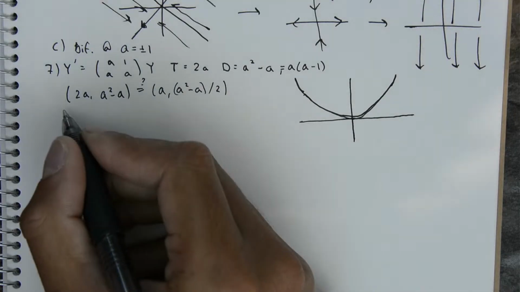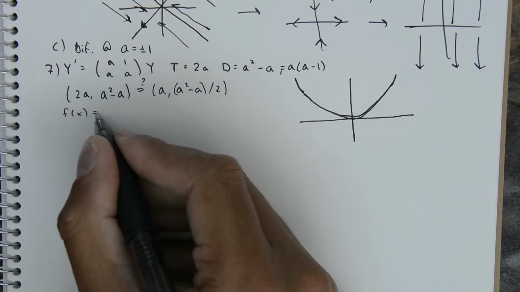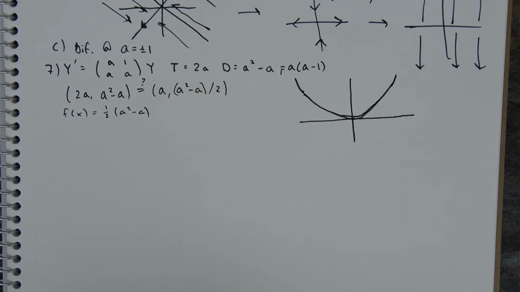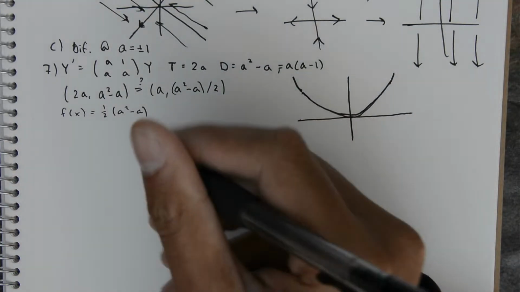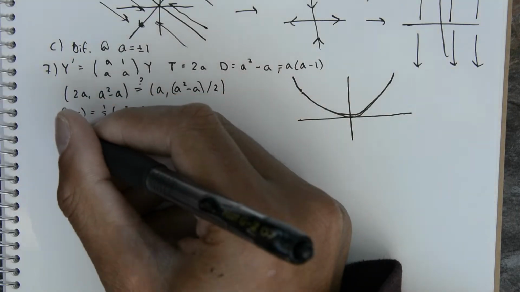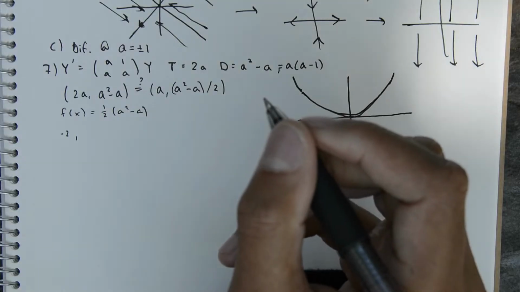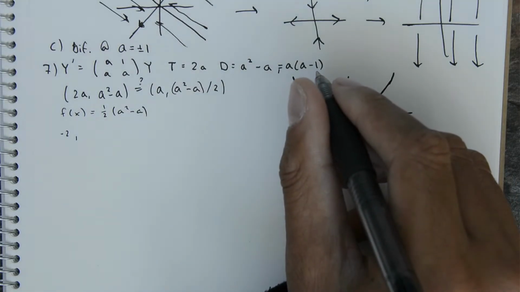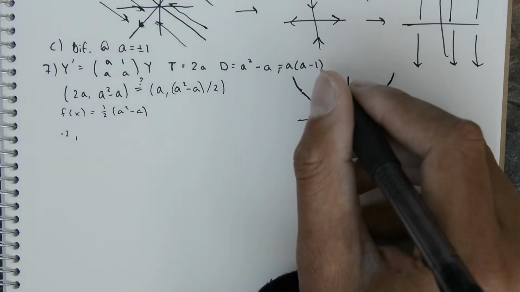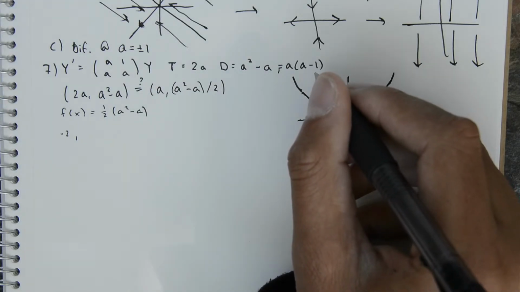So what does f of x equal to 1/2 a squared minus a look like? What does that plot look like? Let's just maybe plot some points. For like -2, we know there's a 0 at 0 and 1.